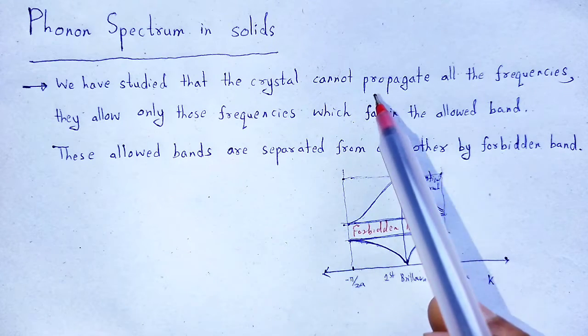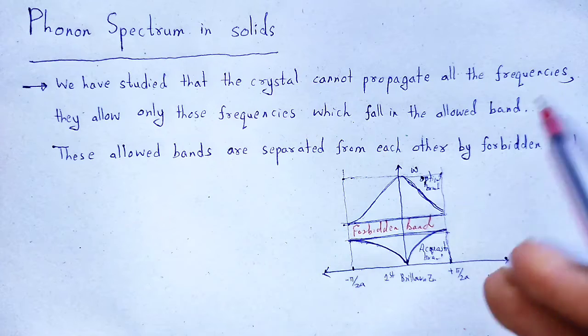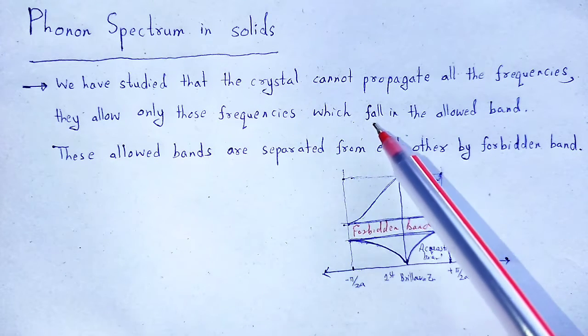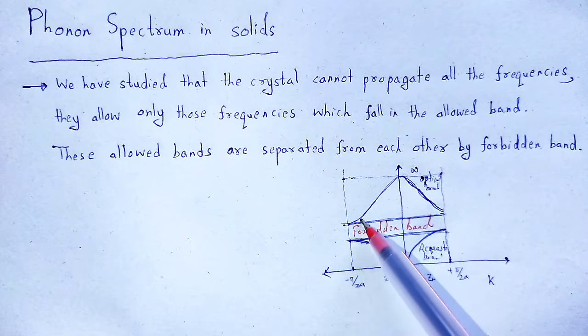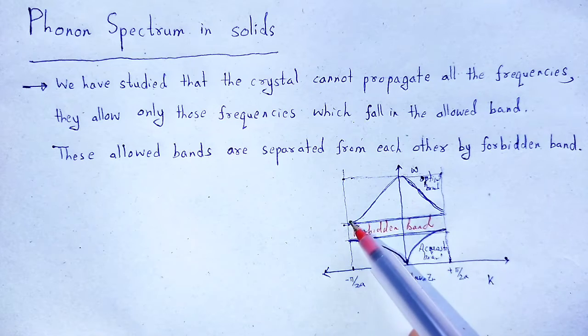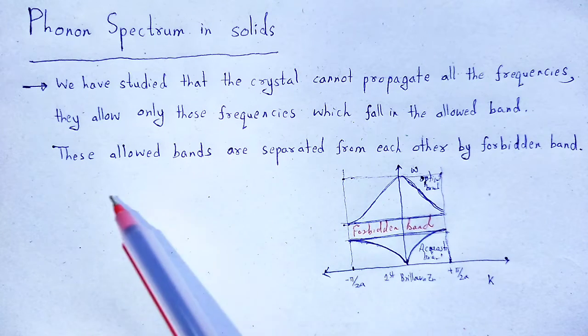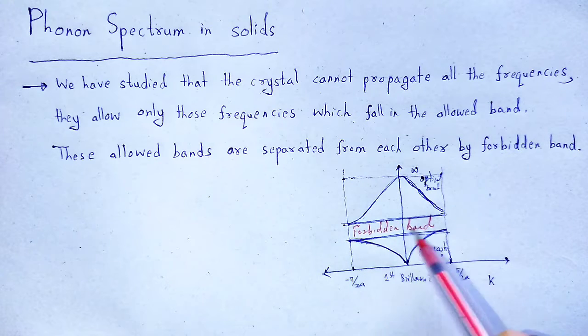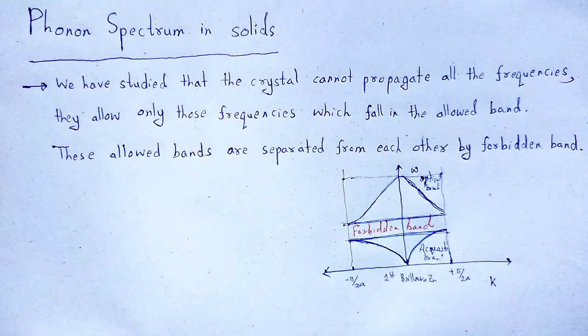The crystal can't propagate all the frequencies, as we see. They allow only those frequencies which fall in the allowed band. These are the allowed bands, one allowed band for acoustic, another allowed band for optical branch, and these allowed bands are separated from each other by the forbidden band. Let us see what is phonon.